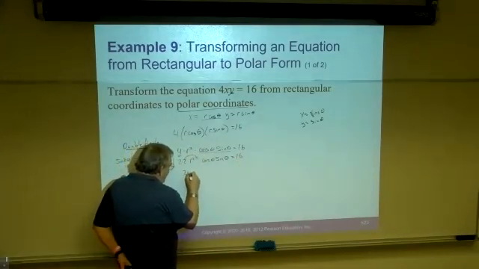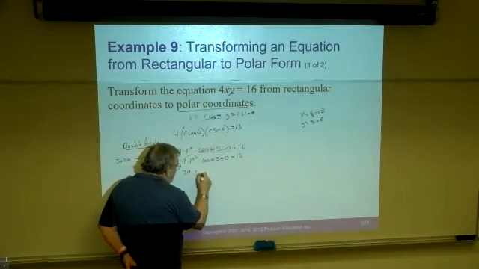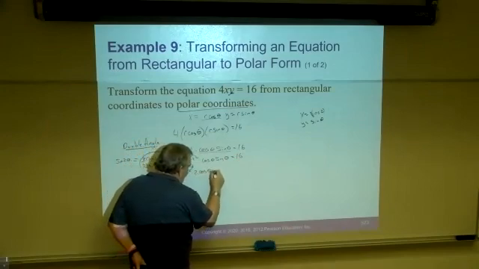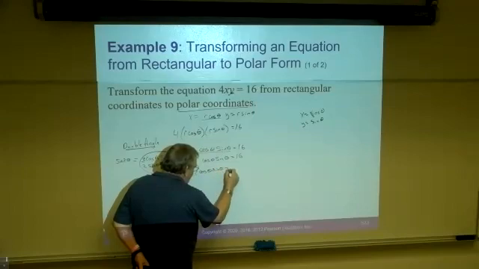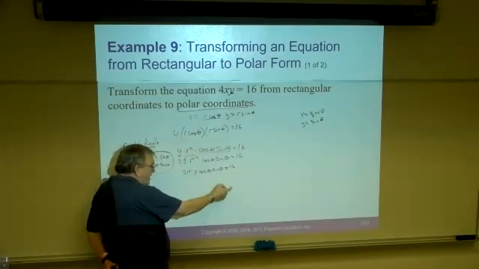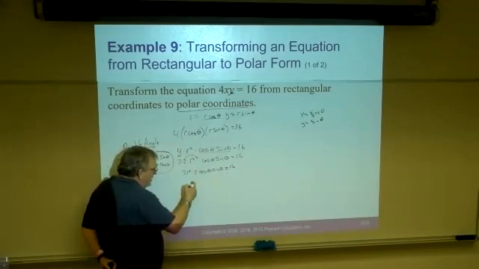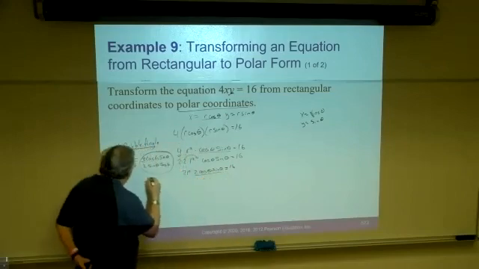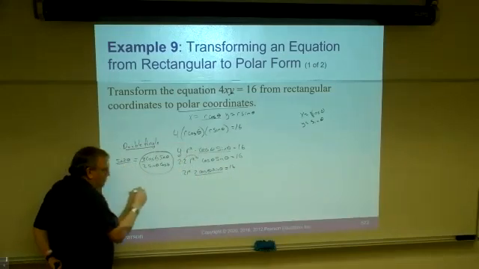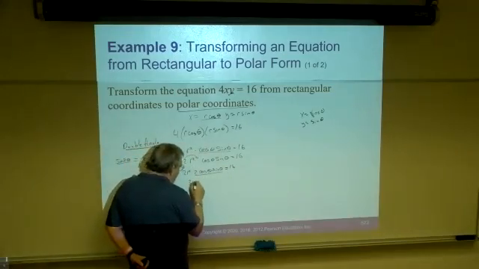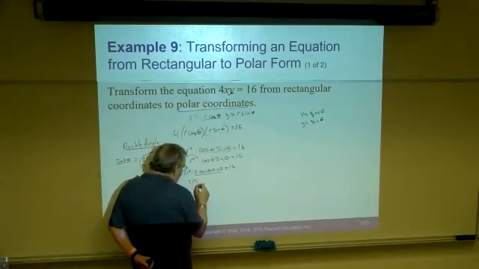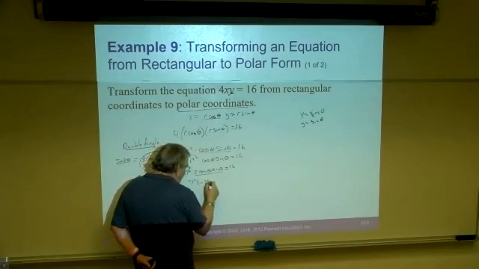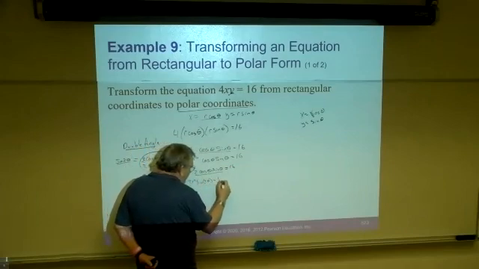So now I have 2 times r squared times 2 times cosine theta sine theta. It still equals 16. The 16 is going to remain unchanged through this entire process. So this whole thing right here is just sine 2 theta. So now we have 2r squared sine 2 theta equals 16.